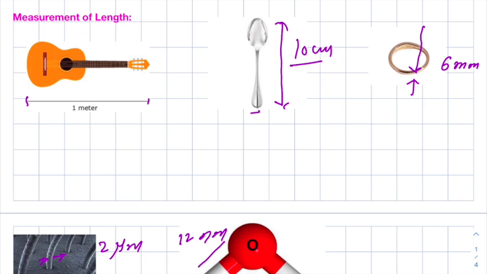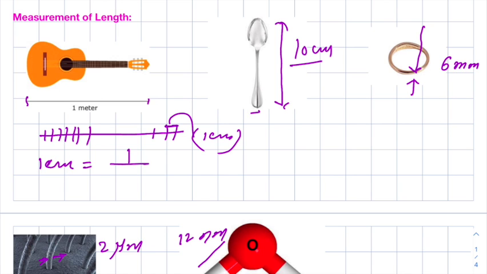For example, if you divide 1 meter into 100 pieces, right? And one piece represents 1 centimeter. So 1 centimeter equals 1 part of 100 of a meter.